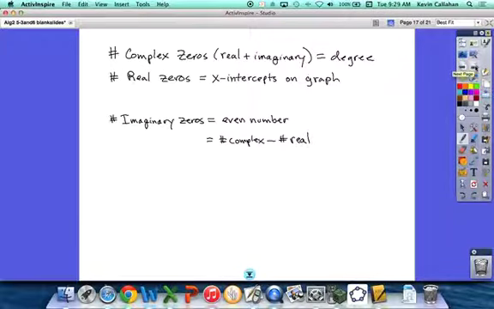So the number of complex zeros means the real and the imaginary all added up together. That'll be the degree. The real zeros are the x-intercepts on the graph. That's what you look for, taking into account multiplicity.